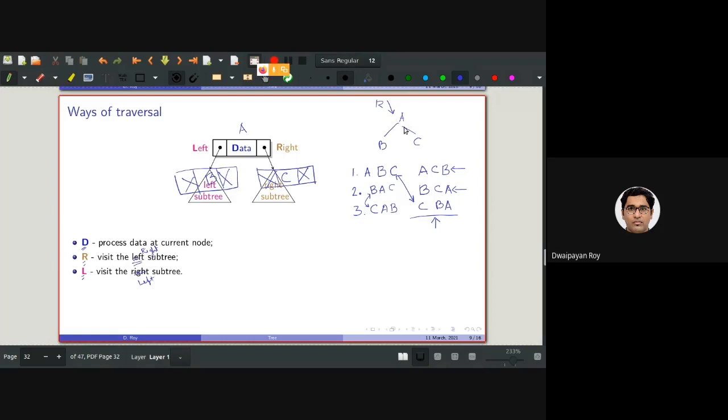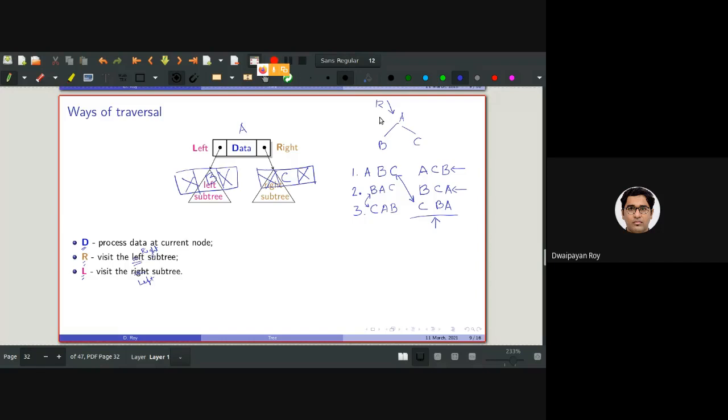So consider this tree again. I am currently in the root node. I am visiting the root node. Note that I am not processing the root node. This is very important. You should distinguish between visiting and processing.